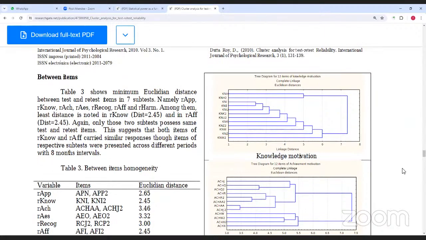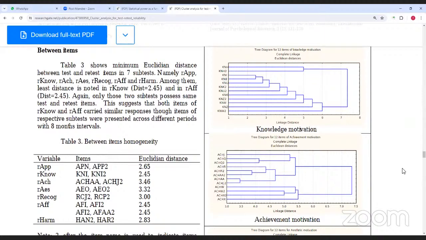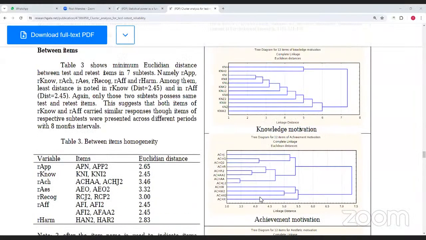This is all about the applied psychometrics with respect to the item analysis as well as the reliability. And there are some items where you will find that the dendrogram does not follow the similarity.